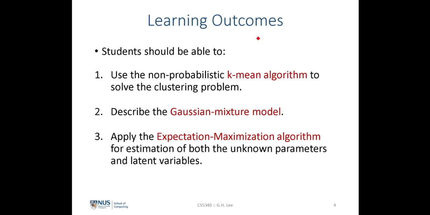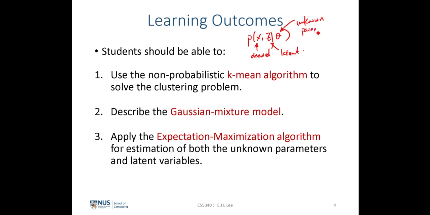Just now I mentioned that today's lecture will revolve around solving this joint probability distribution of x, z conditioned upon theta, where x is our observed random variable, z is our latent random variable, and theta is the set of unknown parameters of the underlying probability distribution.